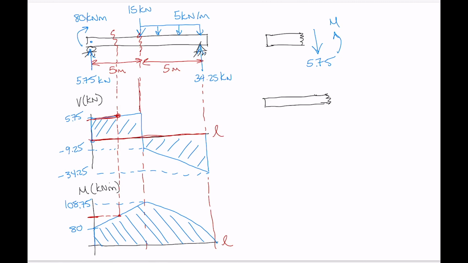Here we've got an undefined value of shear, right? The line's vertical, so the shear force here is undefined right at that position, so we won't show one. And then we've got an internal moment here that is 108.75.